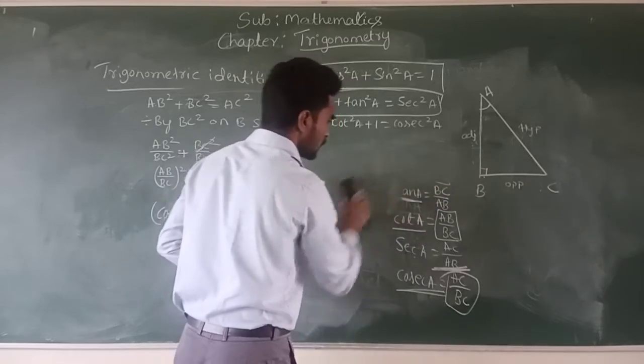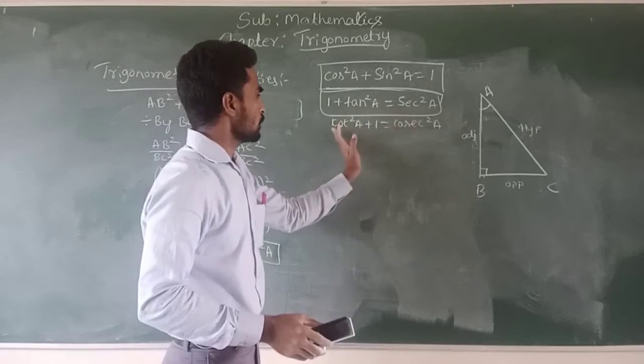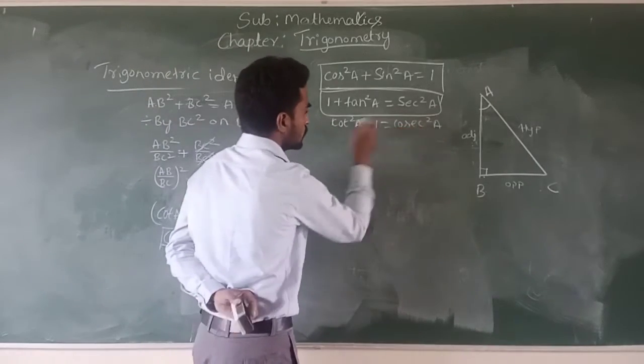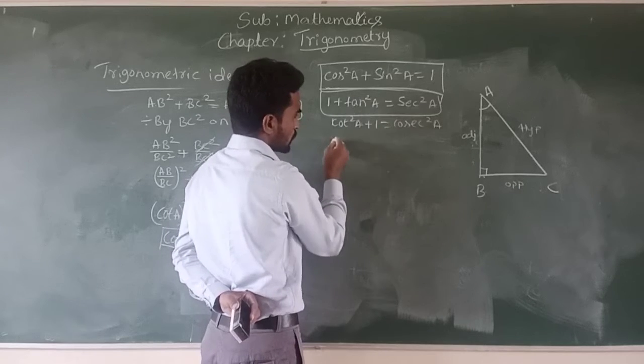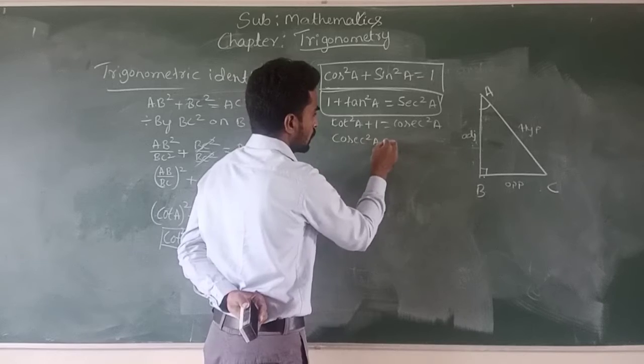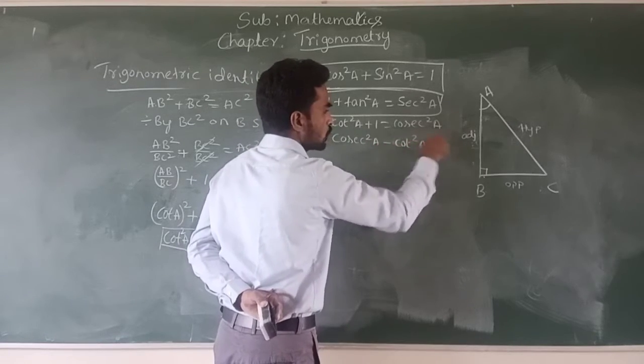Now, using this identity we can modify it into some other formulas. Take cot square to the right side, then it becomes cosecant square A minus cot square A is equal to 1.